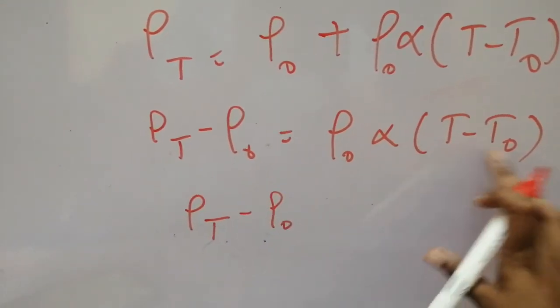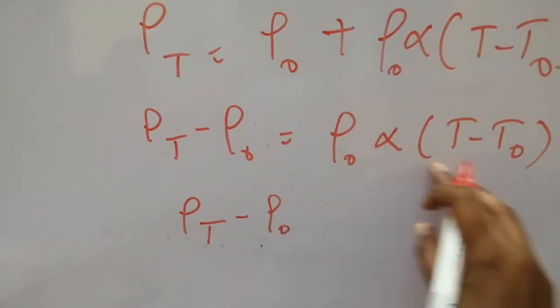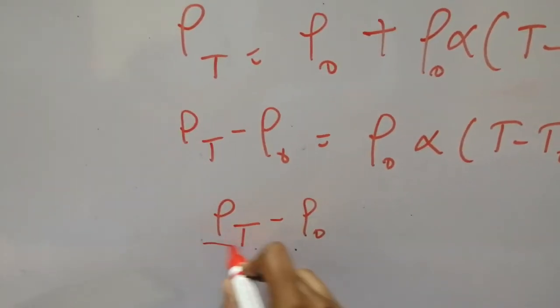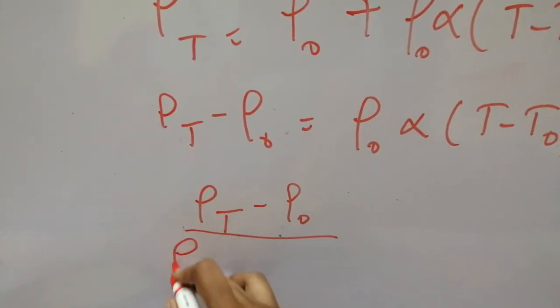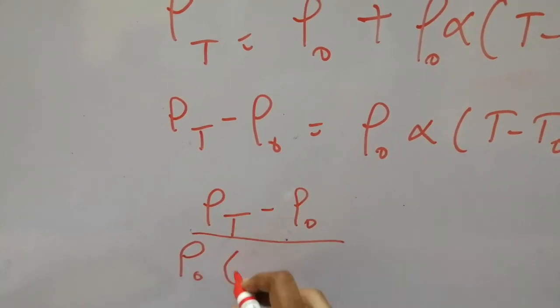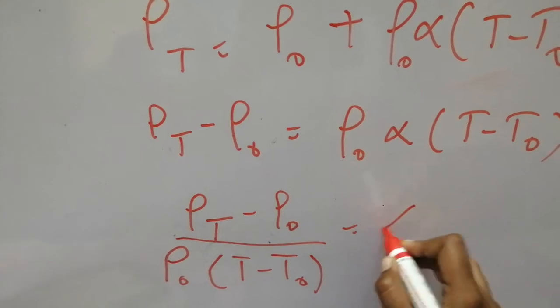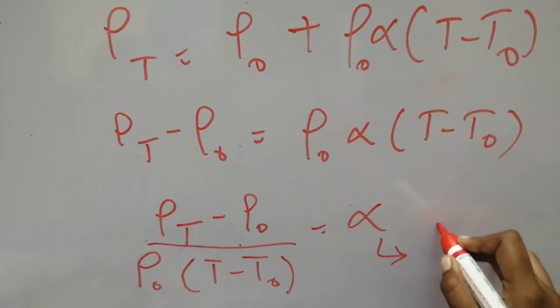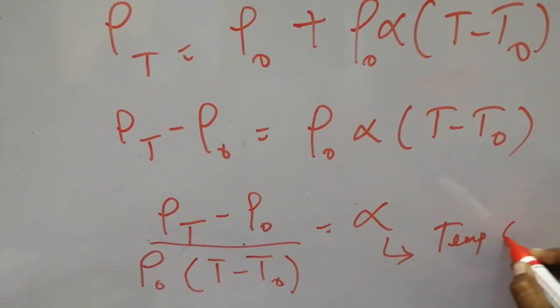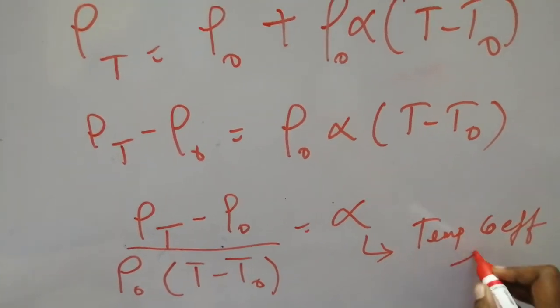Bring this rho naught and T minus T naught to the other side. As it is in multiplication here, if you bring it, it will be division. So it is rho T minus rho naught divided by rho naught into T minus T naught, which is equal to alpha. So this is my temperature coefficient of resistivity.